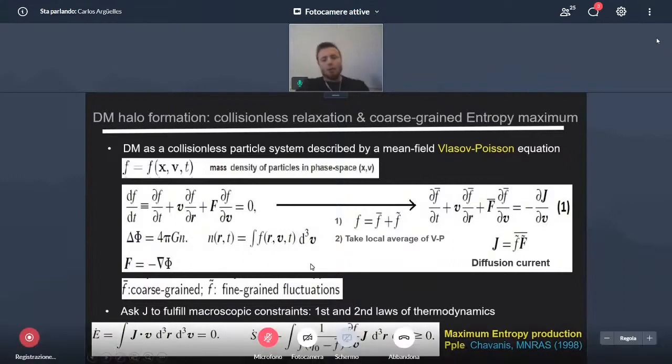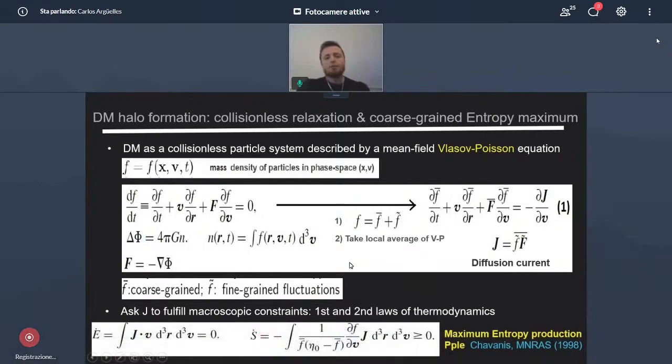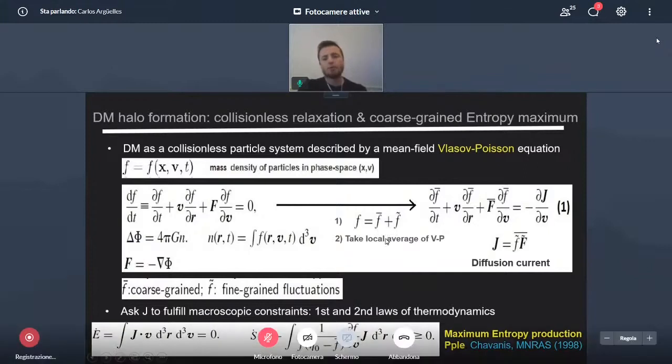The main step here is that this Vlasov equation can be rewritten in a different form for a coarse-grained f-bar distribution function, making two steps. First, decompose the initial distribution function into a coarse-grained plus fine-grained fluctuations, and then take a local average. By doing this, you can get the Vlasov-Poisson into this new equation, but for the coarse-grained one. On the right-hand side, you have the derivative of a current, the so-called diffusion current.